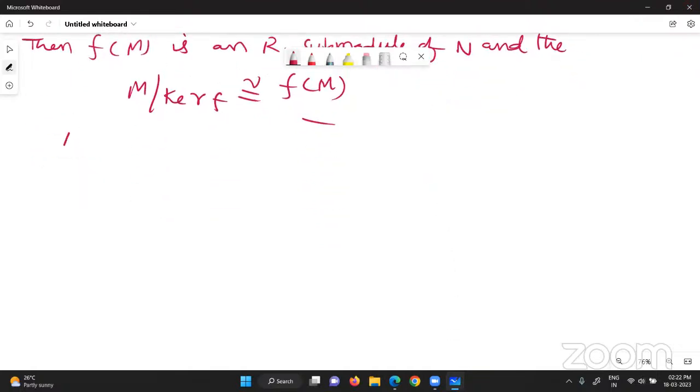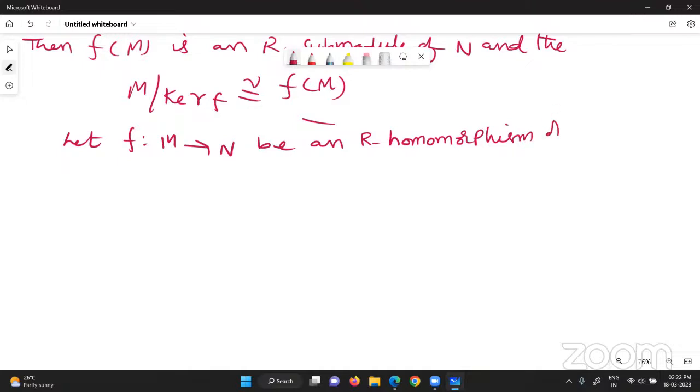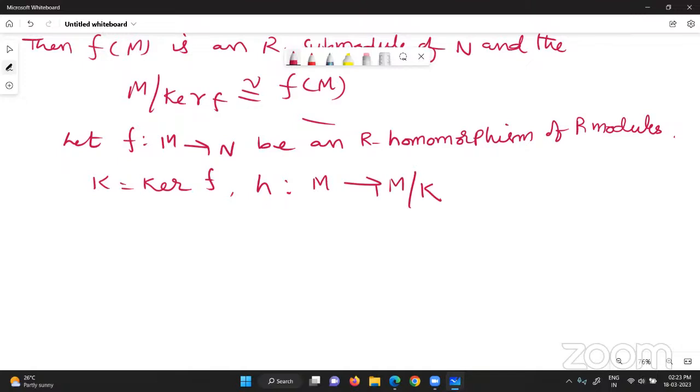Now, let F from M to N be an R homomorphism of R modules, and K is the kernel of F. And H is a mapping from M to M by K. It is a natural homomorphism.